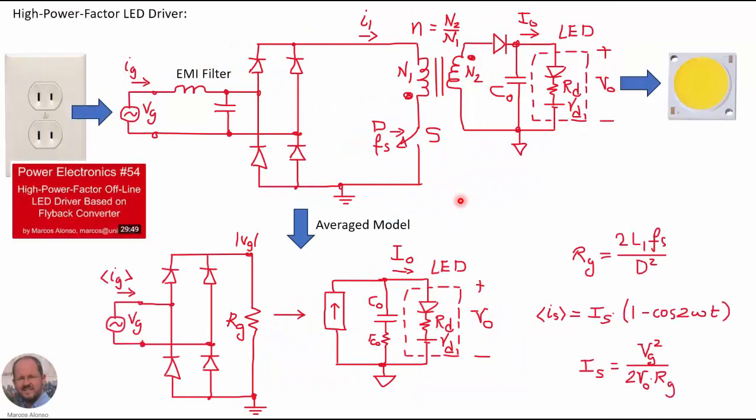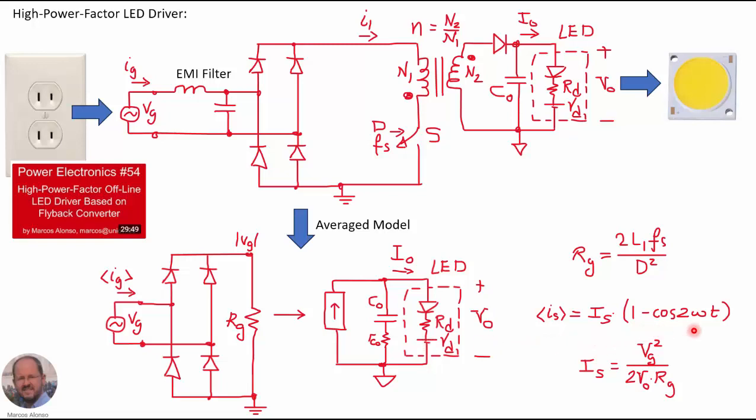As we saw in previous video, we can model our converter from the point of view of the input as a resistance Rg, which is given by this expression here. And from the point of view of the output, we model our converter using a current source that sends the current into the output given by the filter capacitor and the LED load itself.